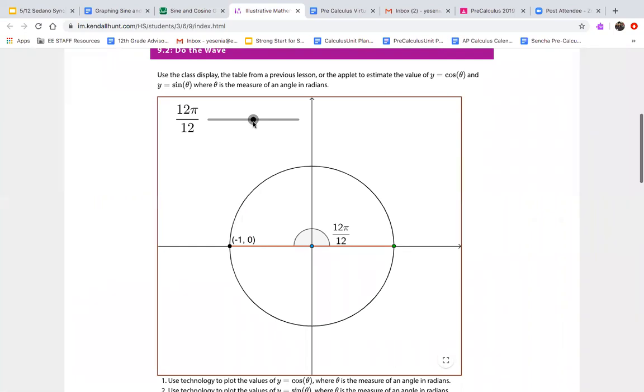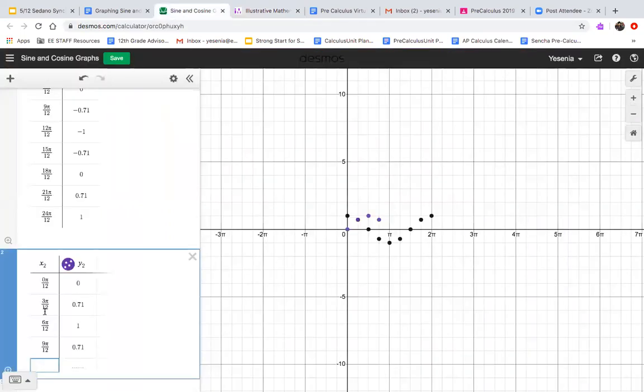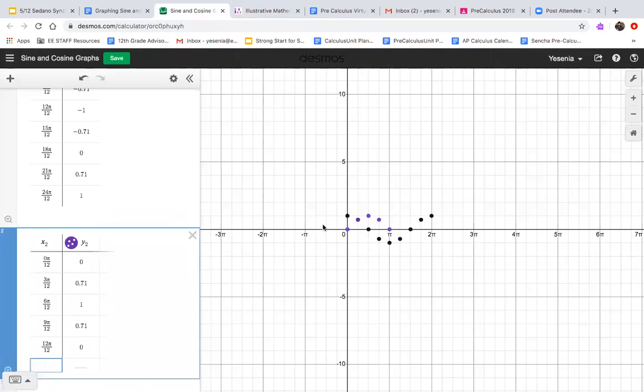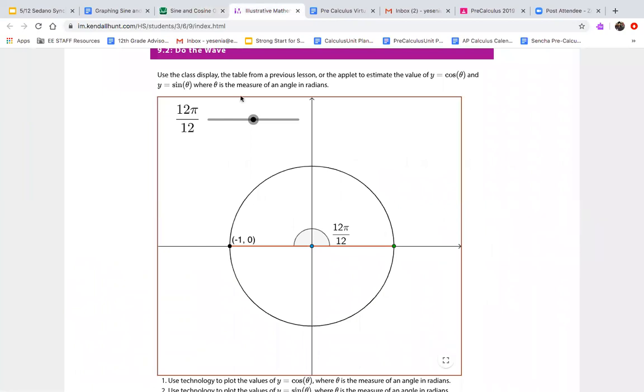So then again, 12 pi over 12, when we have that many radians, my sine is not the first one, it's the second one, is going to be 0. So far we're already starting to see some differences that you could jot down for later as you complete this assignment. We're going to keep going. So when the radian measure is 15 pi over 12, my sine is now negative 0.71.